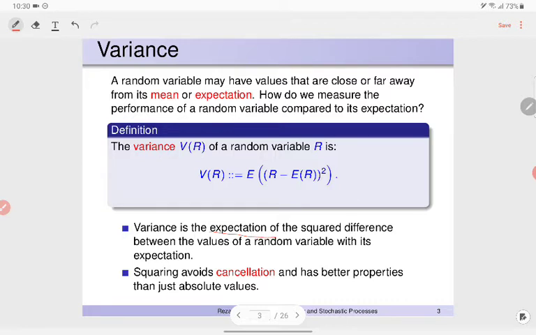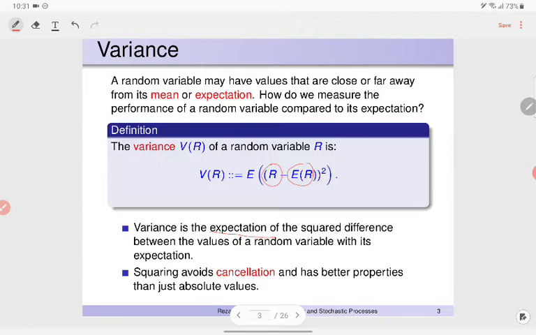If we interpret the expectation as the average, then the variance is simply the average of the squared difference between the values of a random variable and its average. So we are performing averaging twice right now.